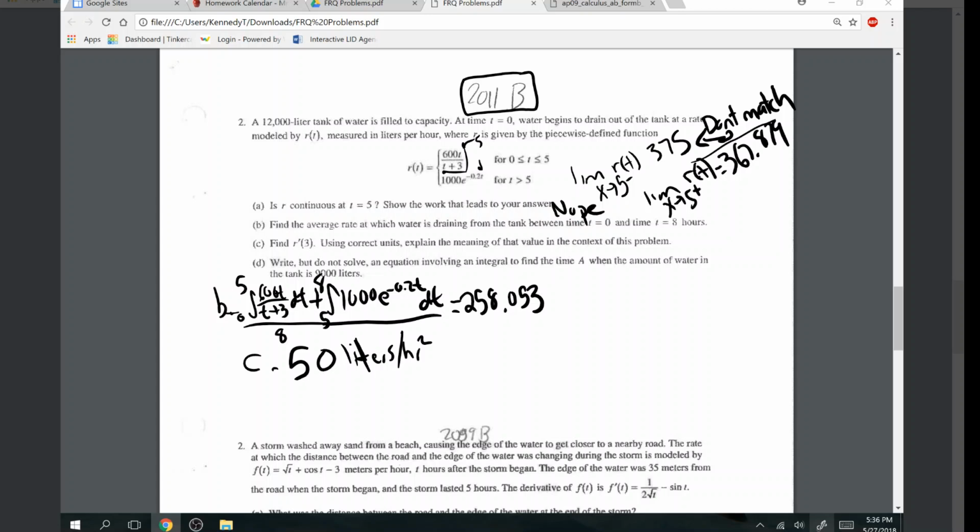So 50 liters per hour squared is the change in the rate of water leaking out of the tank.